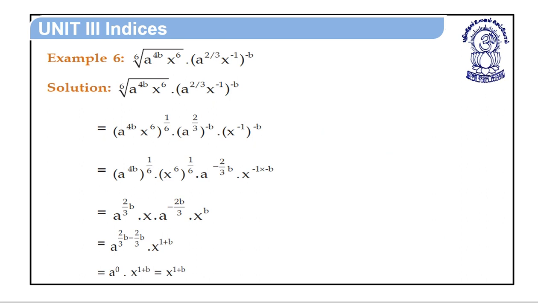Next example. (A raised to 4b x raised to 6) whole raised to 1 by 6, into (a 2 by 3 into x minus 1) raised to minus b.